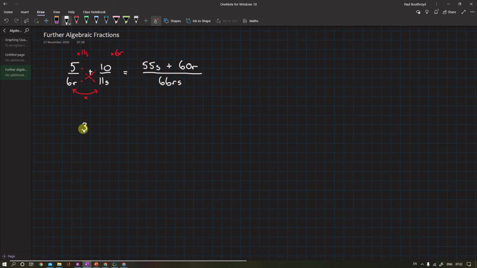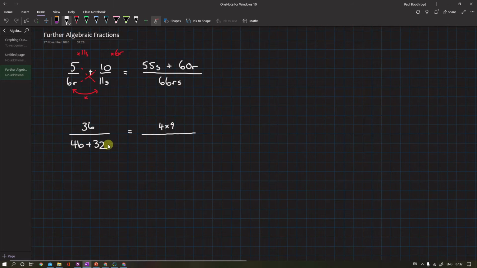Things like if I've got 36 over 4b plus 32. Initially, it doesn't look like there's very much we can do to manipulate this. But then we realise that all these numbers are multiples of 4. If they're all multiples of 4, then we can factorise out a 4 to work through. So on the top we've got 4 times 9.